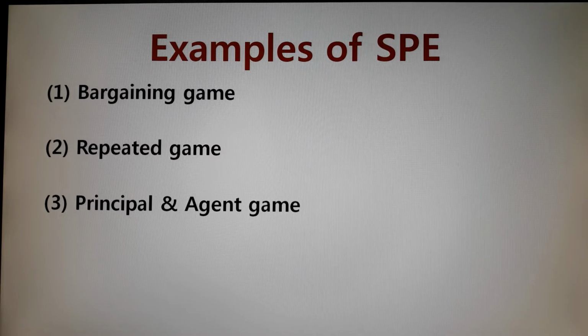Probably you remember that I have advertised that the subgame perfect equilibrium would be a huge portion of this game theory lecture. Maybe if you go to the graduate course, the other concept would be more important. But at the undergraduate course level, fully understanding subgame perfect equilibrium would be really important, and it is very useful for applying to our lives.